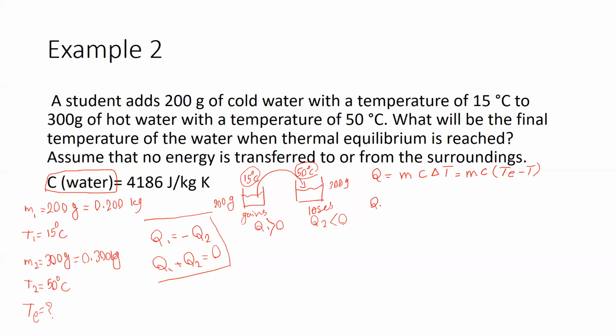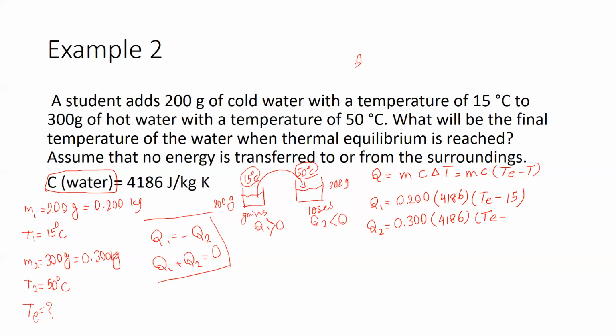So Q1 is 0.2 times 4186, and delta T is TE, which we don't know, minus the initial temperature for the first container, which was 15. Q2 is again mass times C, TE, again, because the final temperature for both of them is the same, so it doesn't matter.